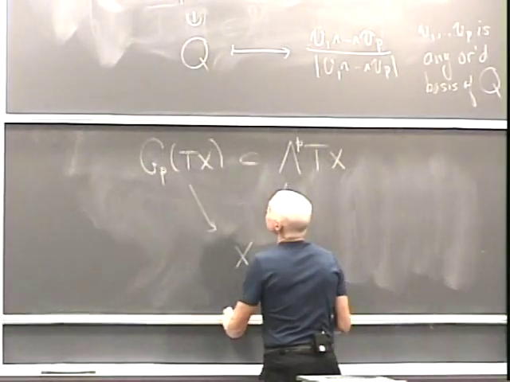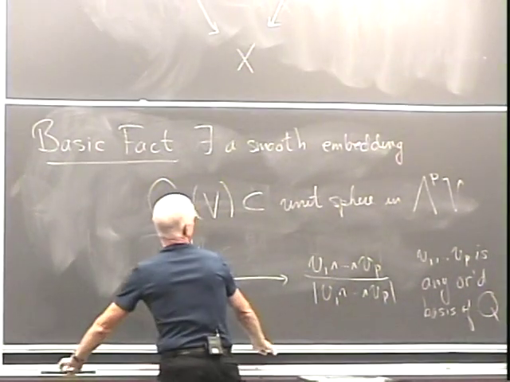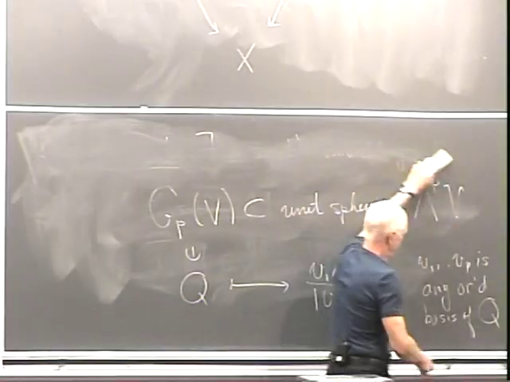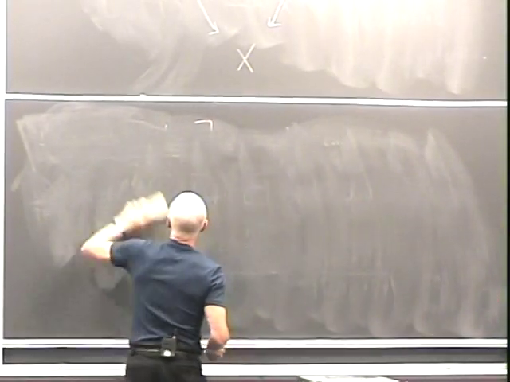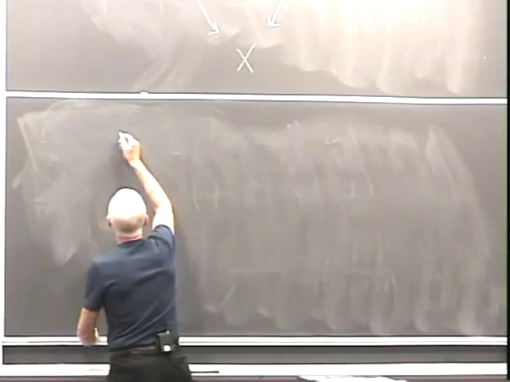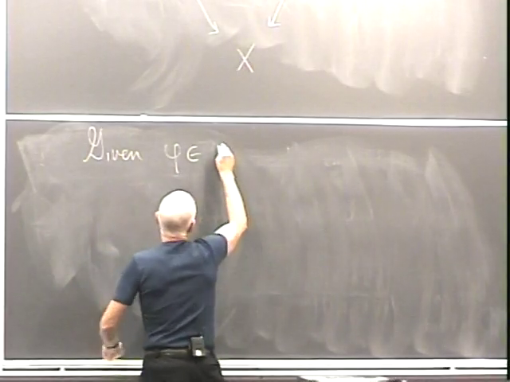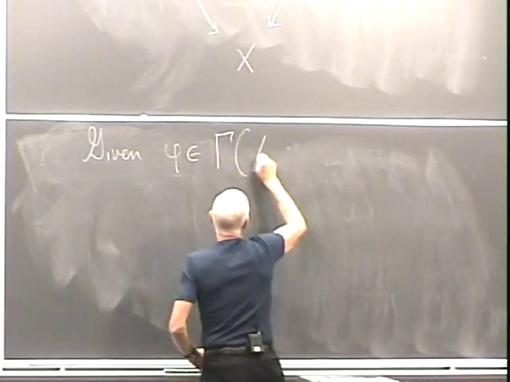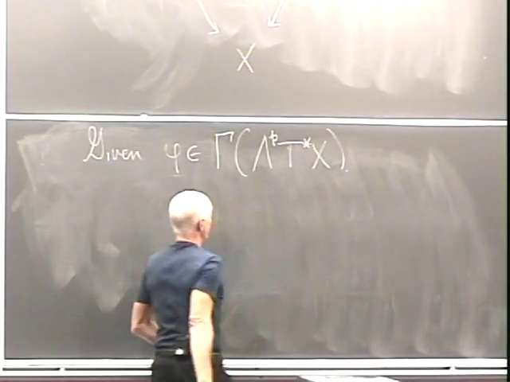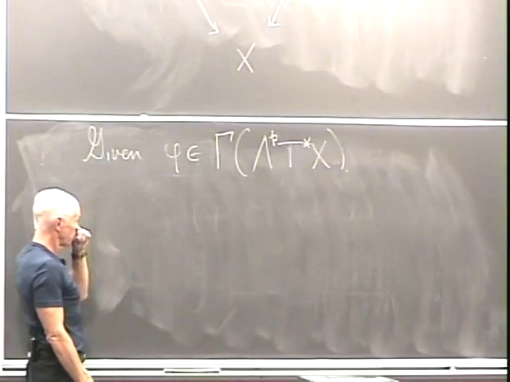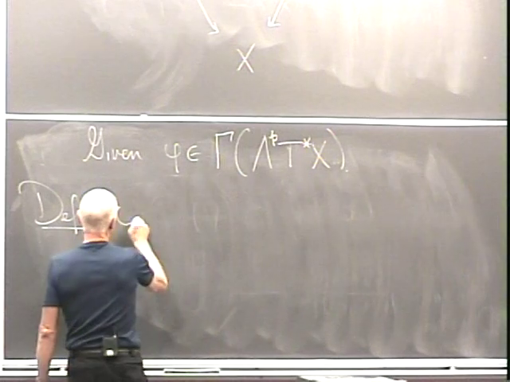So suppose I'm given a differential form, at least C1. So a smooth section of wedge p of the cotangent bundle, so an exterior p-form, then this thing is called a calibration.